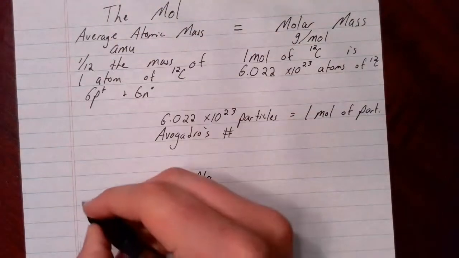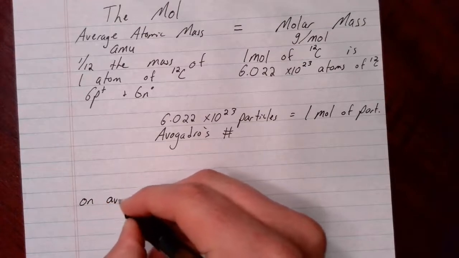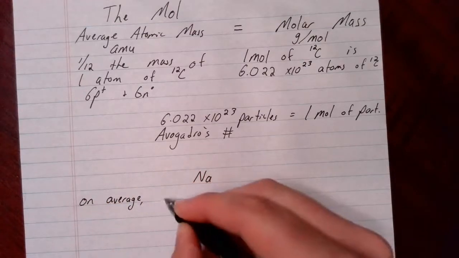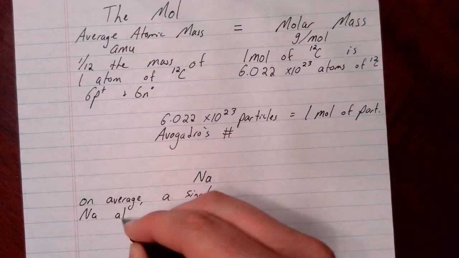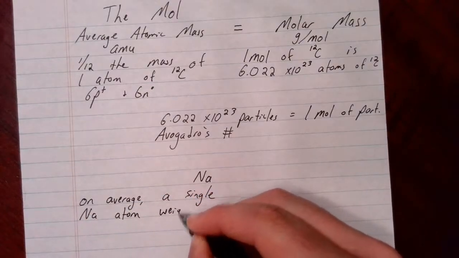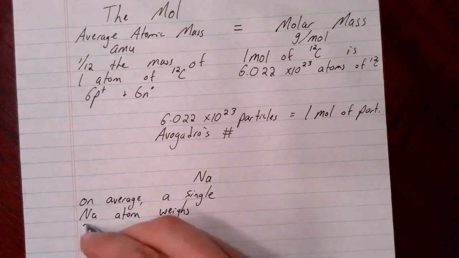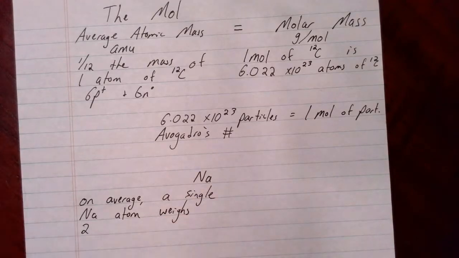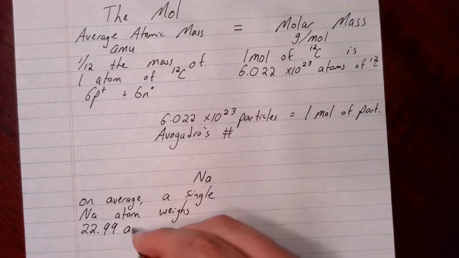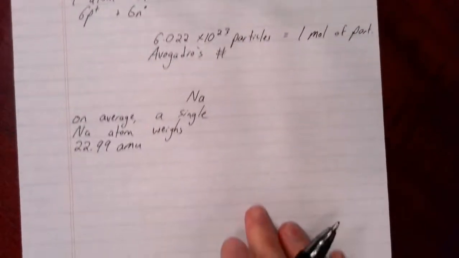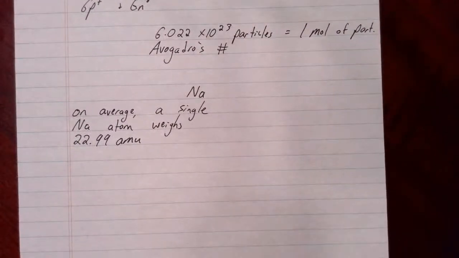So under the average atomic mass, we can say on average, a single Na sodium atom weighs 22.99 AMU. Okay? So on average, a single sodium atom weighs approximately 22.99 AMU, or atomic mass units.